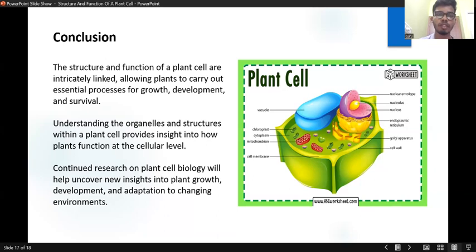The structure and functions of the plant cell play a major role in biology, because these functions help whatever plant it is to grow, develop, and survive. It needs a certain amount of growth and hormones, it should communicate with other cells, and it should develop day by day. The final aim is survival. So this is all about the structure and functions of the plant cell.